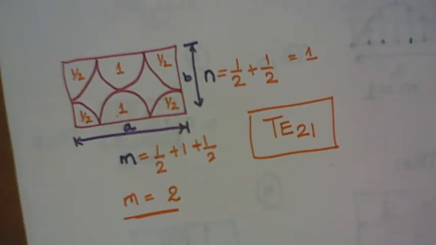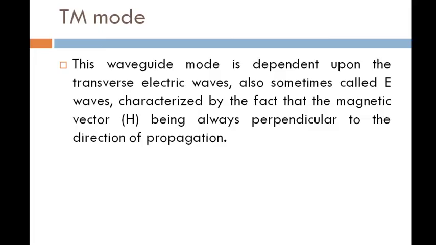Fine. So what does this TM mode say? The waveguide mode that depends upon the transverse magnetic waves, and it is also called E waves.